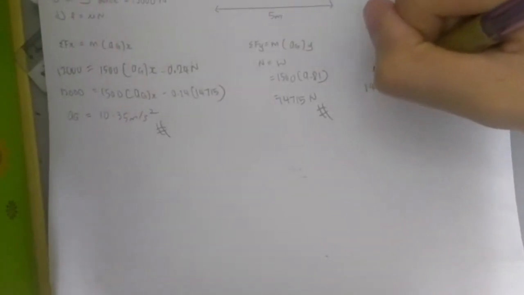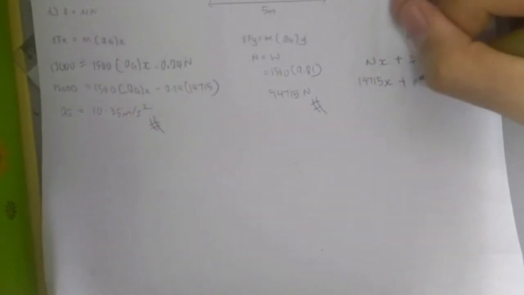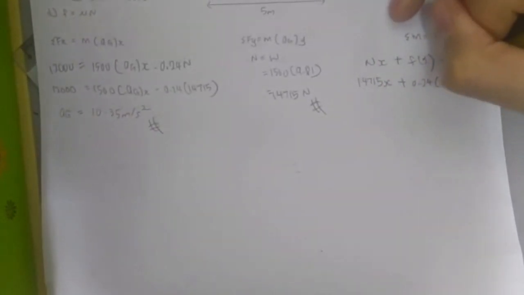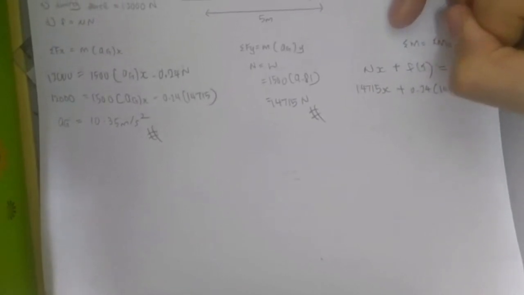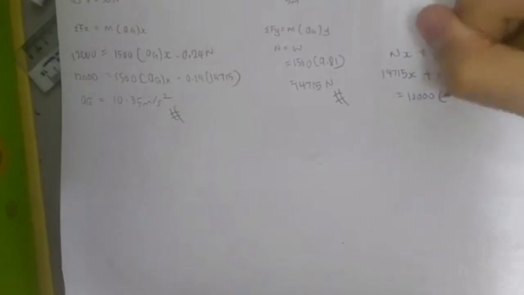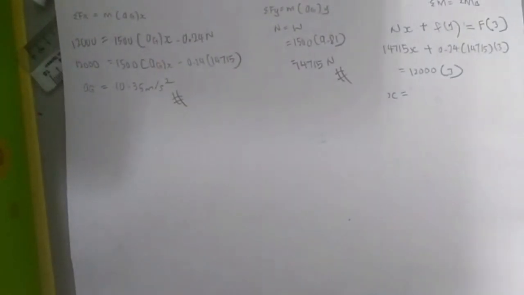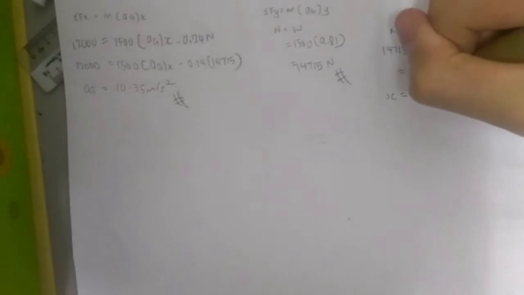So, and then let's sub all the values in this equation. Equal 2003. Okay, so now we can get the answer. X is equal to 3.16 meter.